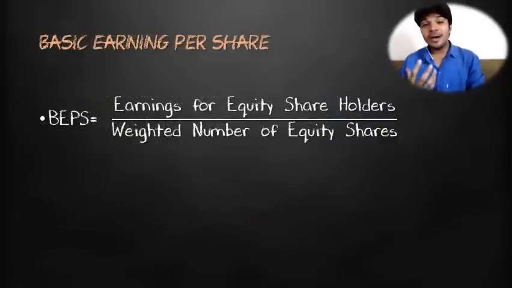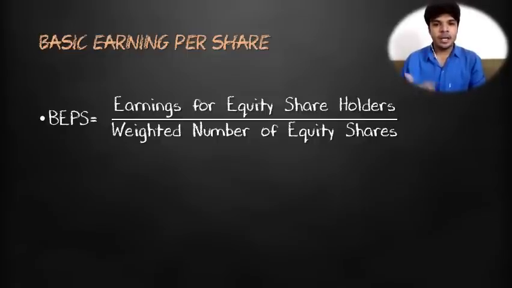Now to compute earning per share, we have to divide by the total number of equity shares outstanding. Some of the shares outstanding as on the last date of the year may be issued during some part of the year. So we cannot say that the capital raised by issuing those new equity shares has been used throughout the year.